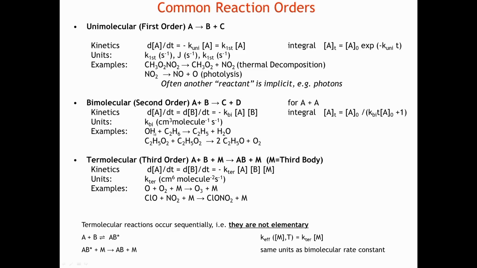That's the ethyl radical, that's the hydroxyl radical. This is an ethyl peroxy radical, that's an ethyl peroxy radical. Does anyone know what this is? It's an alkoxy radical. Okay? So this is two peroxy radicals forming an alkoxy radical.